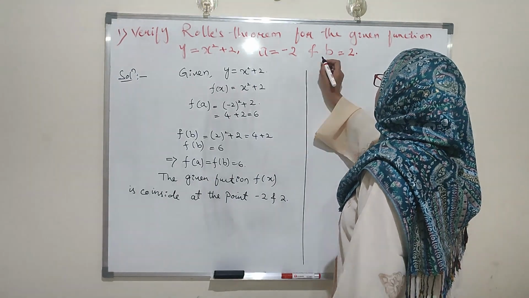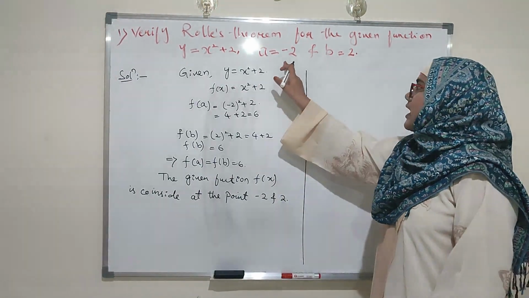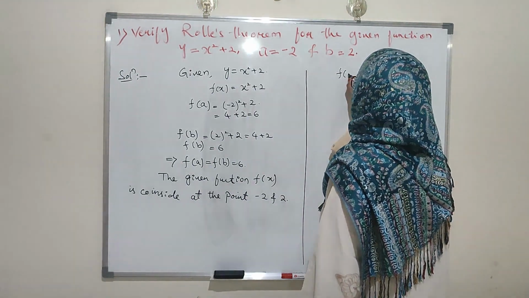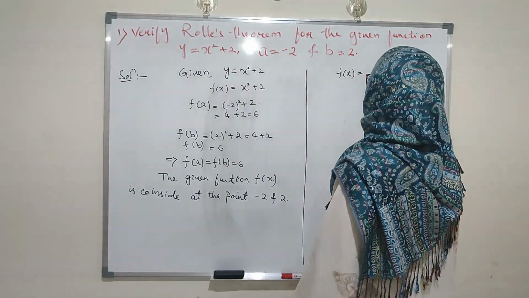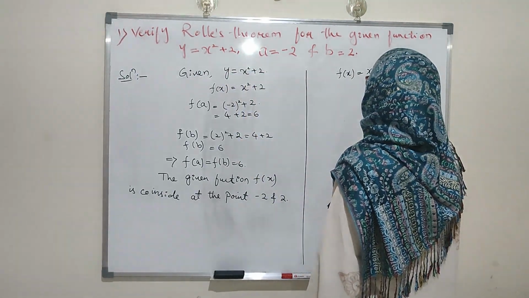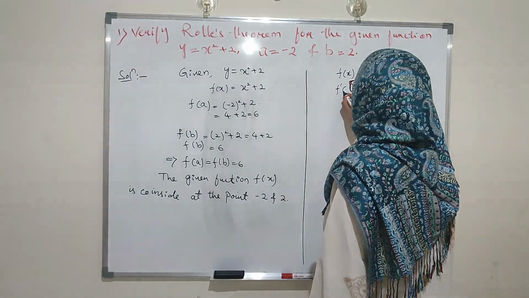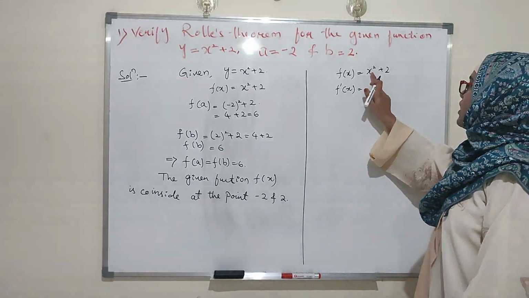For the second part, we have to prove that there exists a point c in between a and b. Now what is given to you? F of x is x square plus 2. Now find the derivative of this function. F dash of x is the differentiation of f of x.